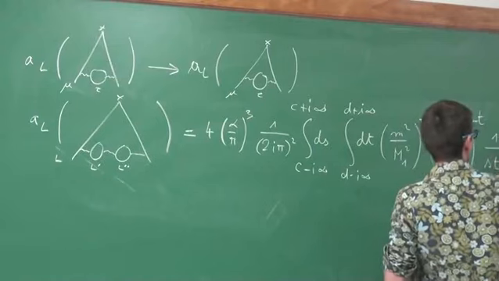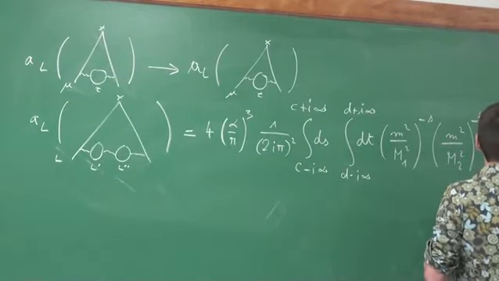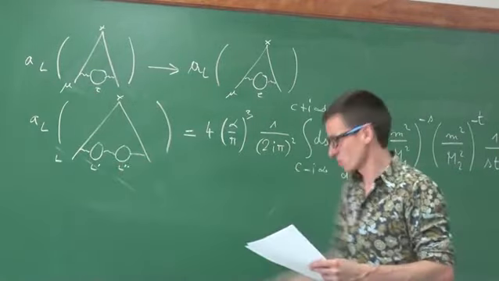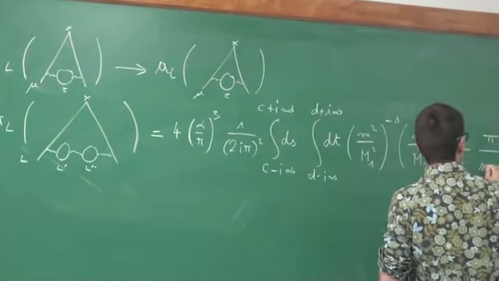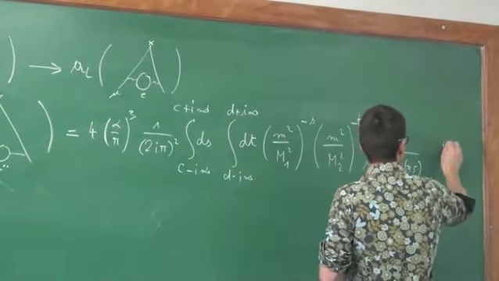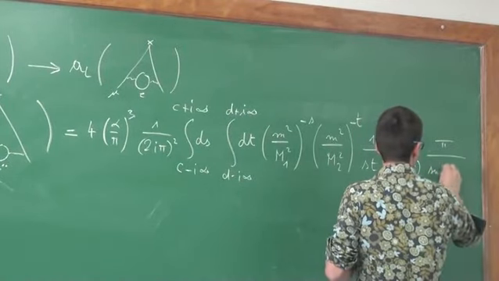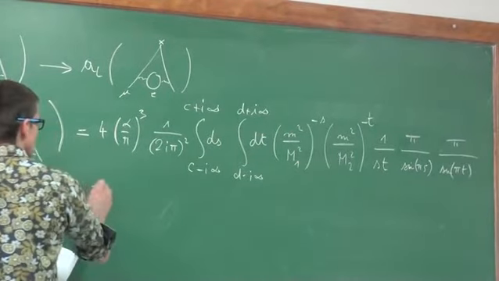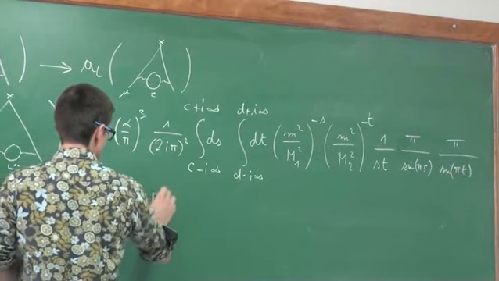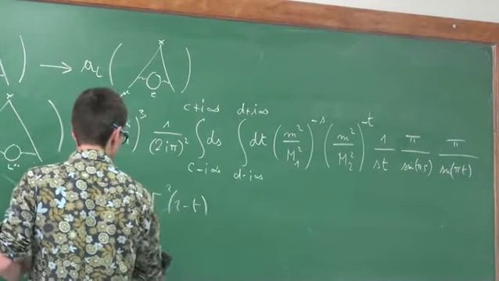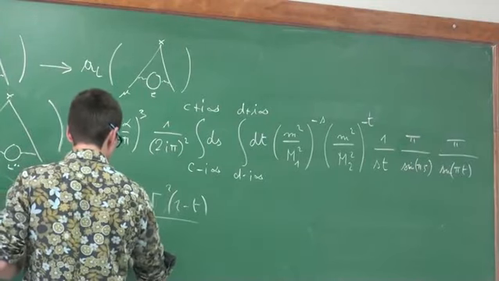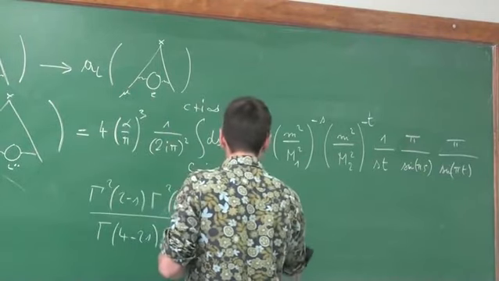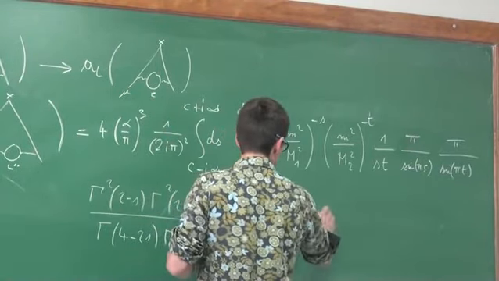1 over st, and a very nice symmetric function, which is of course due to the fact that the Feynman diagram is symmetrical. I over sine pi s, I over sine pi t, times gamma squared minus s, gamma squared minus t, divided by gamma 4 minus s, gamma 4 minus t, gamma 1 minus 2s minus t.